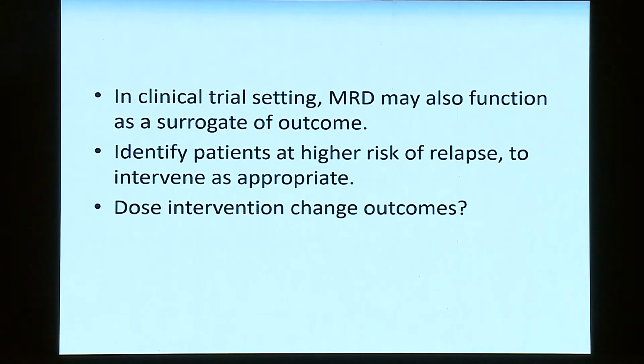It also identifies patients at higher risk for relapse and what intervention we need to do. If we find a patient is going from MRD negative to positive and becomes detectable, we should intervene, because if we ignore it, it is a clinical mistake. But the question is, will intervention change the outcome? We don't know.